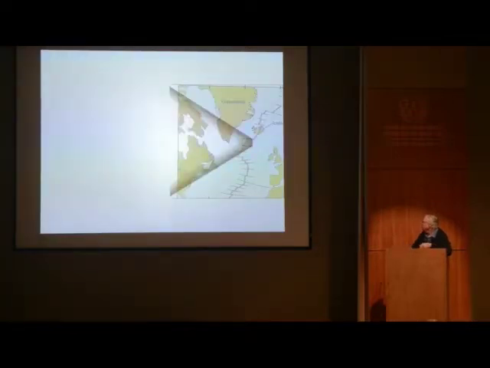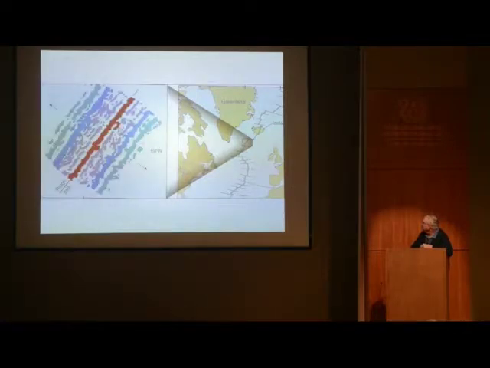So you take an area like this, and here is the pattern that they came up with. So basically, these lines, these zones, were oriented parallel to the mid-Atlantic ridge and perpendicular to the pole, I guess. Is that right? Well, anyway.